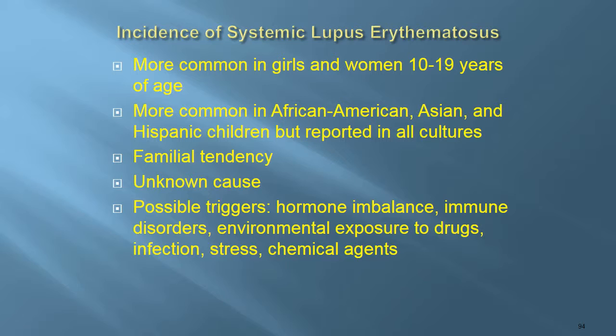SLE is more common in girls and women between the ages of 10 and 19. It's more common in African American, Asian, and Hispanic children, but it's reported in all cultures. There's a familial tendency and an unknown cause. Possible triggers include hormone imbalance, immune disorders, environmental exposure to drugs, infection, stress, and chemical agents.